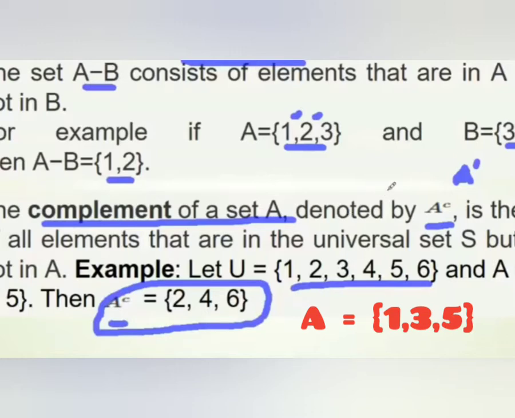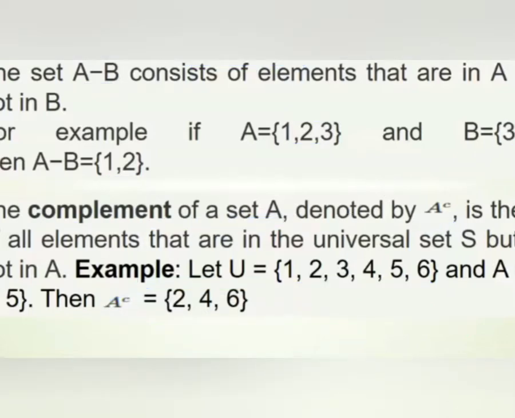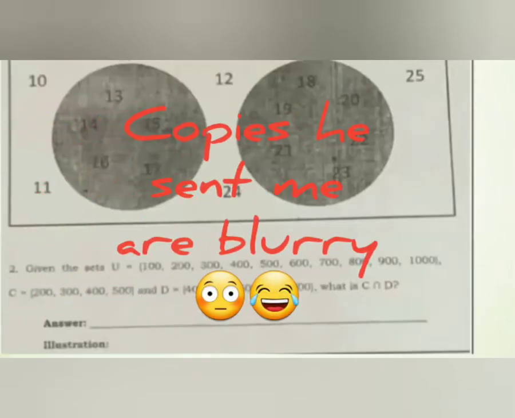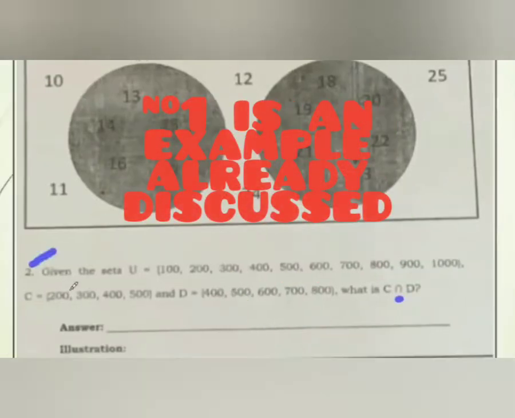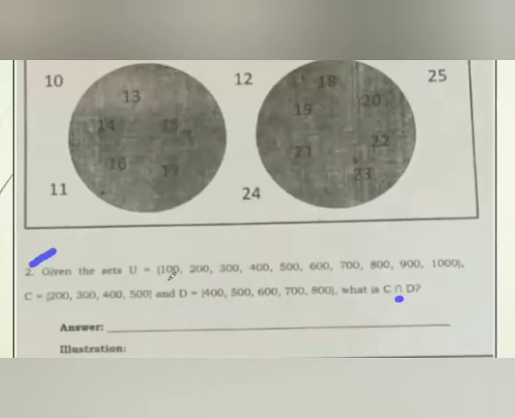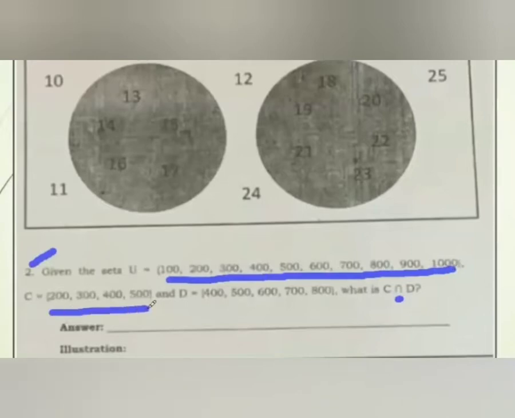Okay, let's now proceed to some examples that our subscriber sent me. Oh, it's not clear, but I hope we covered it. Number 2, given the sets U, okay, look at the elements of U, and look at C. Look at D. By the way, we are only asked for the intersection between C and D. Meaning, what's common between C and D?